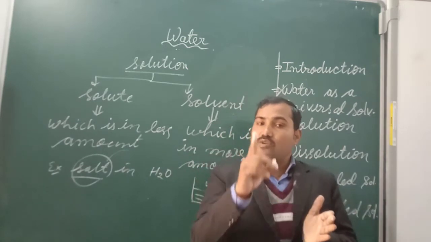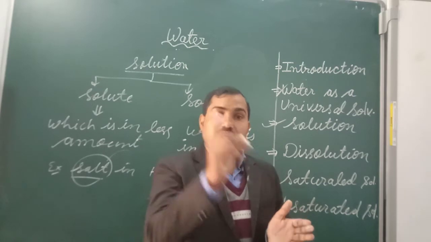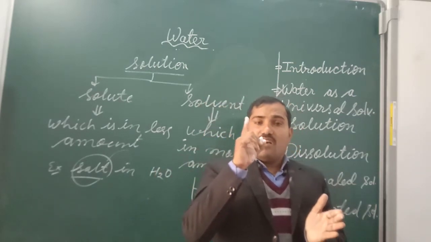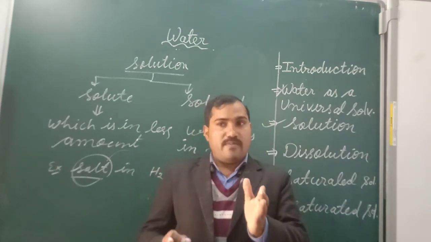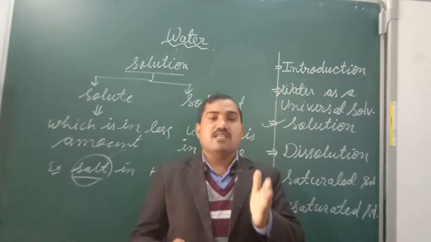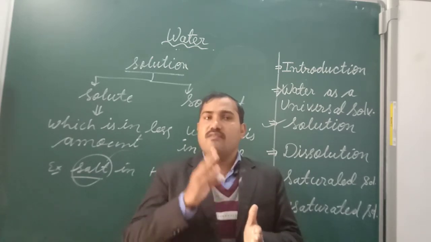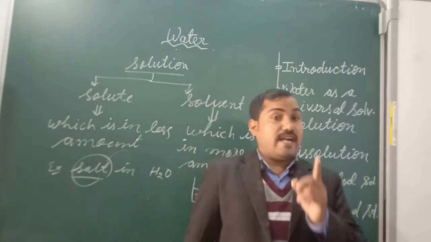That state of the solution is said to be the saturated state of the solution. At the saturated state, the concentration of the solution remains constant. It means we can't dissolve more solute in the solution at a given temperature.